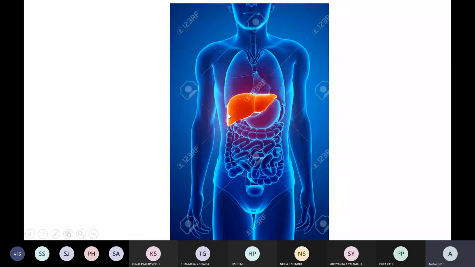So the liver is mainly situated in the right hypochondriac region, partially epigastric, and partly in the left hypochondriac. In relation to the ribs, the 7th to 11th ribs come in relation on the right side, or the right costal margin, which encloses the liver.